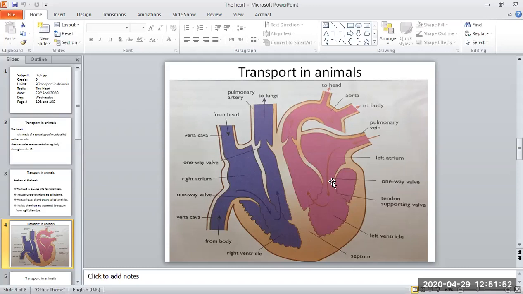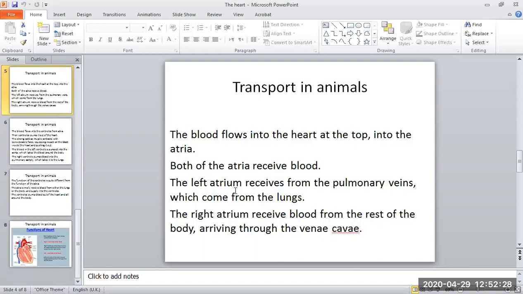We say oxygenated blood. And this is the right side, which is poor in oxygen, and it is called deoxygenated blood. This side has more oxygen and less carbon dioxide. Here, this blue color of the blood has less oxygen and is rich with carbon dioxide. This is the main parts of our heart.